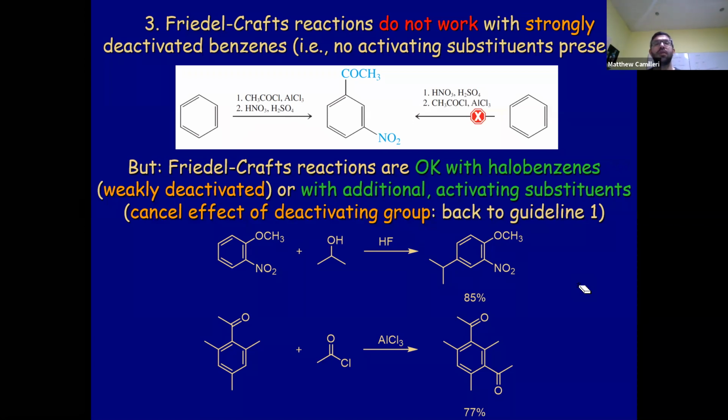So that is something you would always need to pay attention to. And realize that the HF and the alcohol here are going to interact to produce H2O+, which is a very good leaving group, and therefore it produces an electrophile. Something that we discussed during our last lesson.